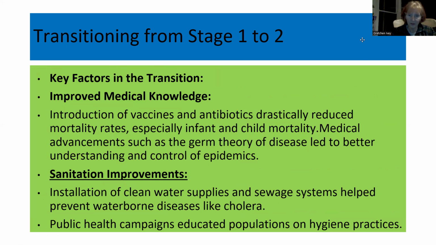Medical advancements such as the germ theory of disease led to better understanding of control of epidemics. And sanitation improvements. Installation of clean water supplies and sewage systems helped prevent waterborne diseases like cholera. Cholera was rife in the UK during the Industrial Revolution. And just with sanitation and good plumbing, it reduced the rates. Public health campaigns educated populations on hygiene practices.